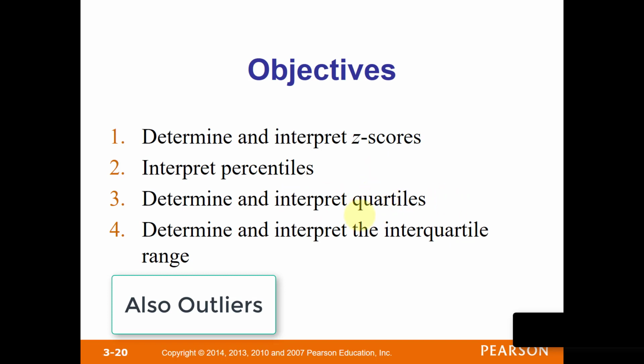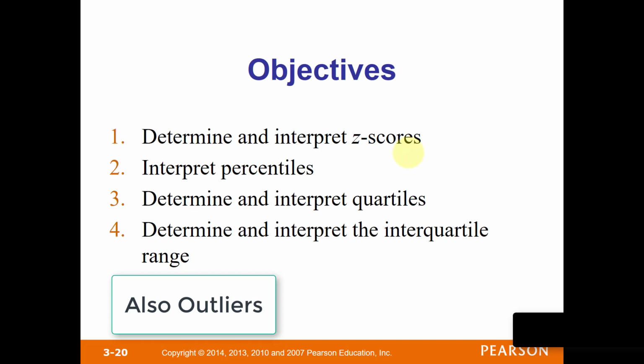You don't have to worry about calculating them. You just have to understand what they are conceptually, understand what the symbols are, and understand what the word quartiles means. Then you have to determine and interpret the interquartile range. Again, that's super easy, Q3 minus Q1. We always use the interquartile range when we're using the median as our measure of center.